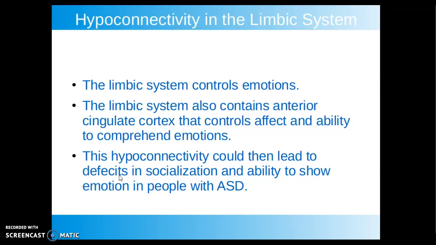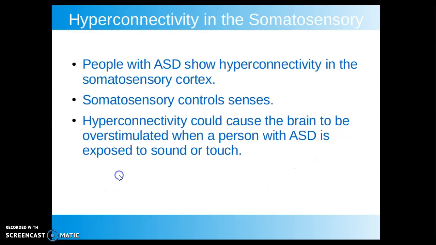Obviously, when she didn't understand something, which goes back to the cognitive ability, she would get angry. And she could show that well, but she just did not display the emotional attachment that the normal person would. Behavior obviously correlates with the hypoconnectivity in the limbic system, that obviously there is a hypoconnectivity here.